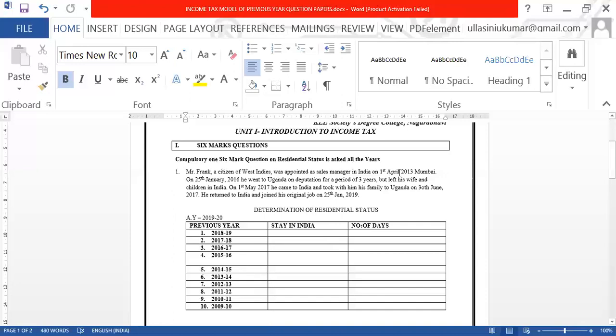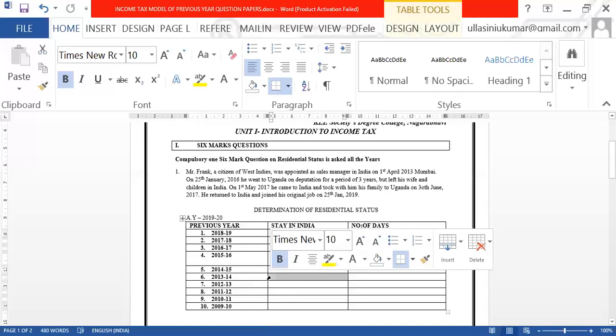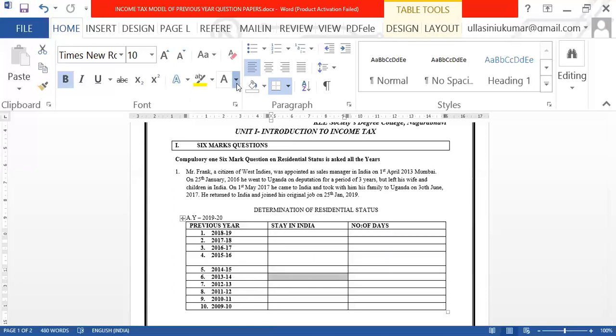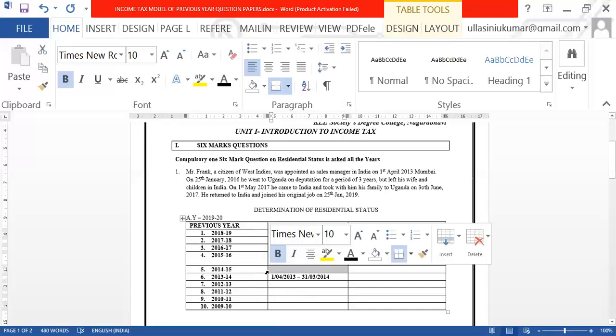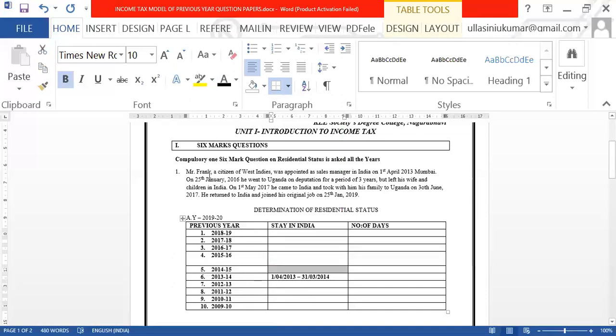He came to India on 1st April 2013 and left on 25th January 2016. That means from 1st April 2013 to 31st March 2014, he was in India, and the same goes for the next year, because he stayed continuously until 25th January 2016.